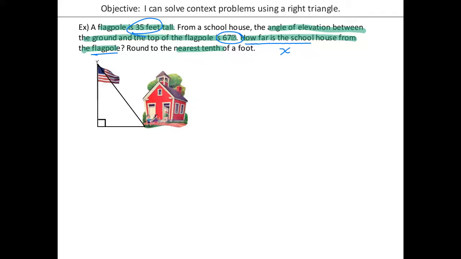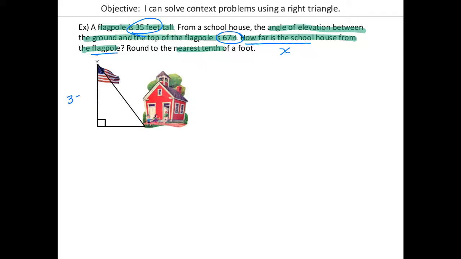So looking at the context here, it says the flagpole is 35 feet tall. So how do we measure something for height? Do I measure the height slanted, or top to bottom, right? So the flagpole right here is 35 feet tall. My 35 goes here. I'm going to put the unit.